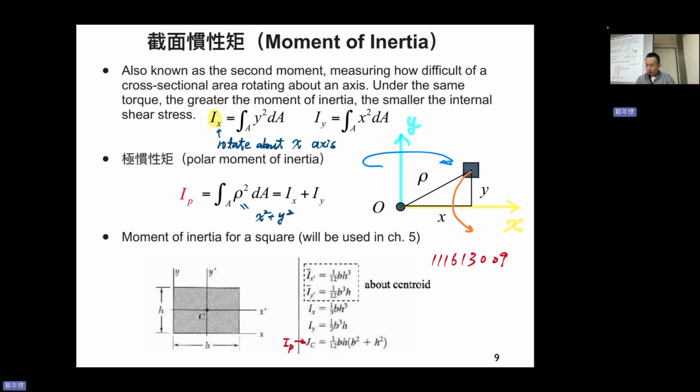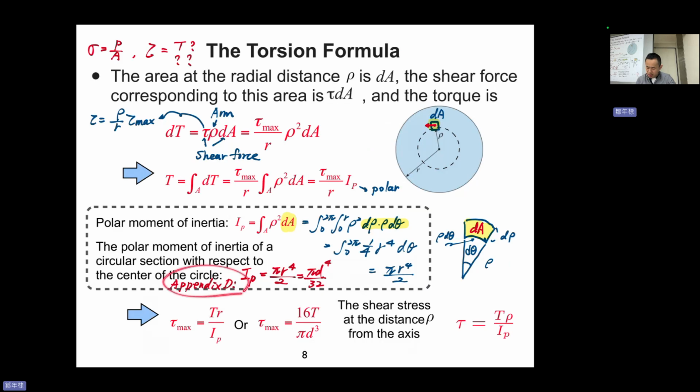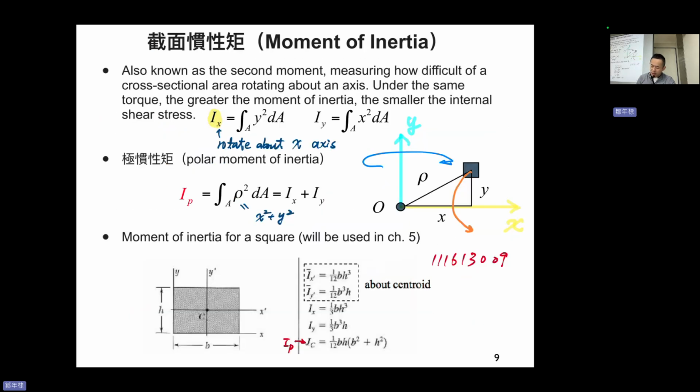And the values of the moment of inertia can be found in appendix D. In appendix D, you can see that it provides several shapes, and you have many values here, and each of them has their own axis.